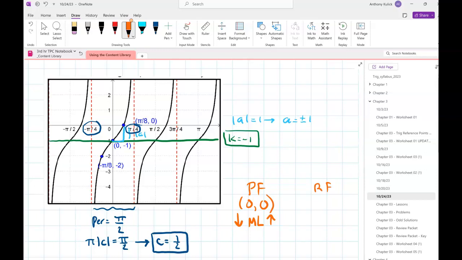So from our resultant function that we're given, which point should we pick? 0, -1. I want that point on the midline. Very good. And I'm going to use that one as opposed to like this one, or this one, because it's labeled for me.